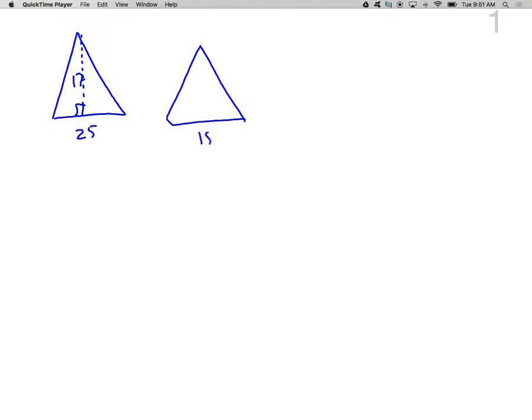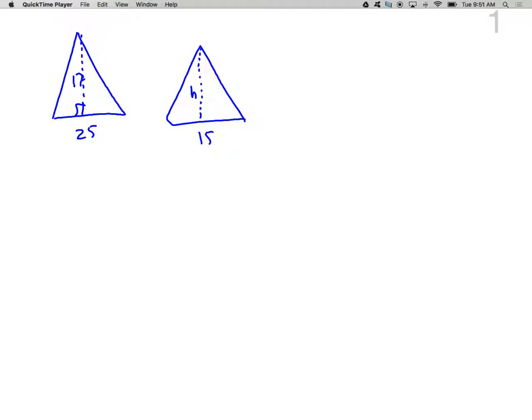Okay, so we're going to play off of what we just did. Madeline, you said we're going to take a triangle where we knew the base was 25 and the altitude was 17, and we want to compare that to a triangle, well, we know it's smaller, with base 15 and height h.